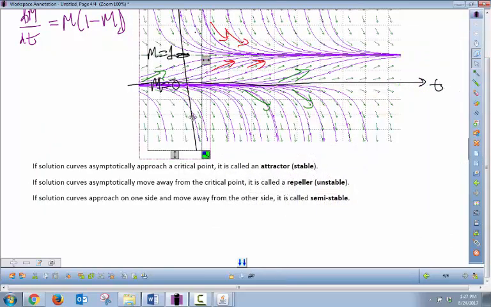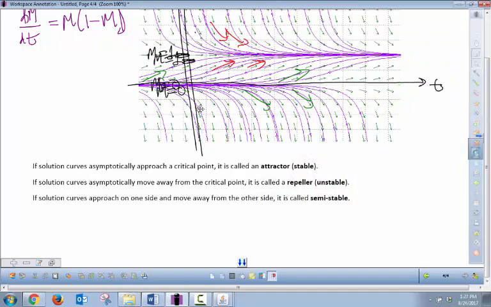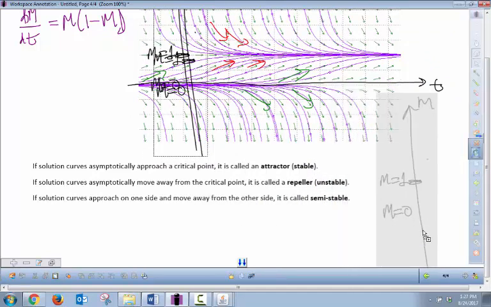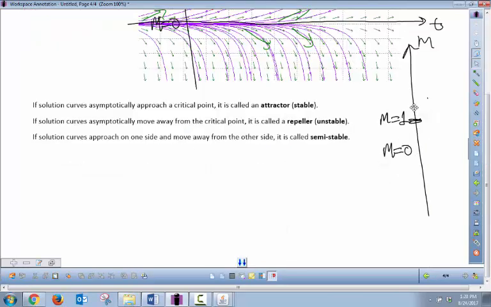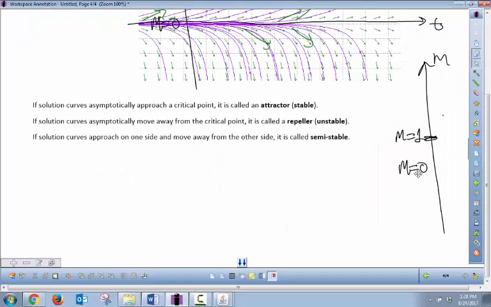So if we look at this scenario, what happens in the graph stays in the graph. And then we're just focused on what's happening with the dependent axis. If we take a look at our dependent axis here and separate it, we found the critical points, or the equilibrium points, to be 0 and 1, right?